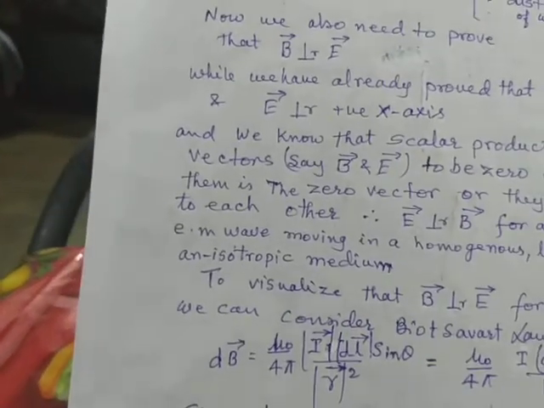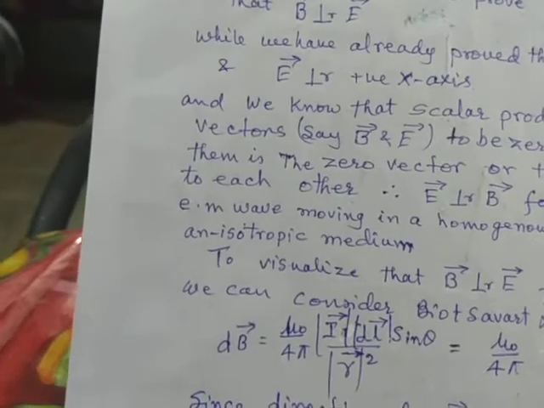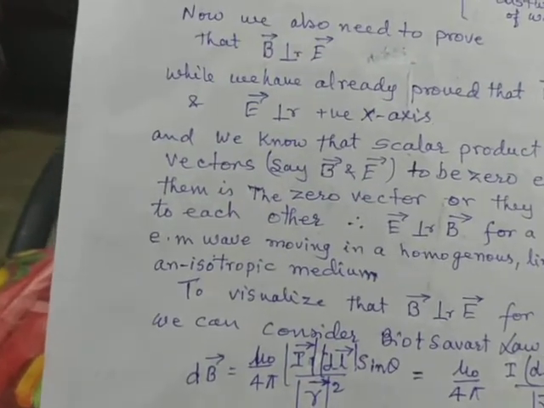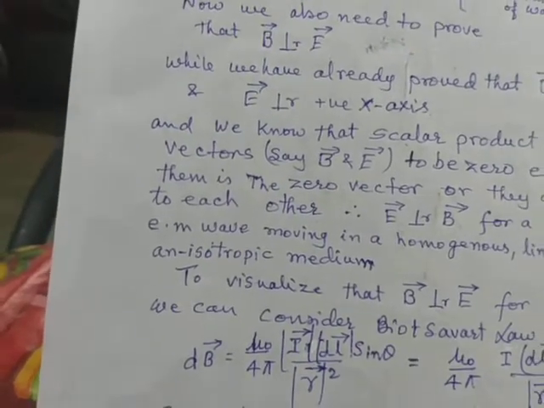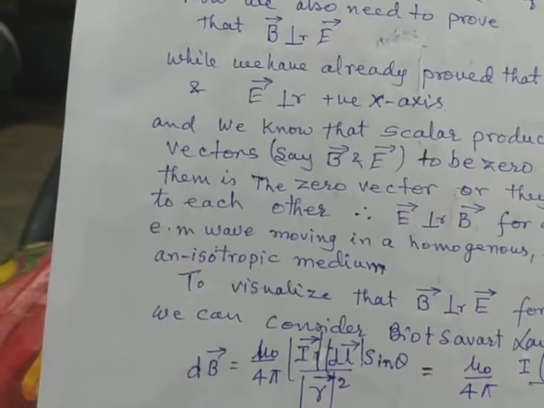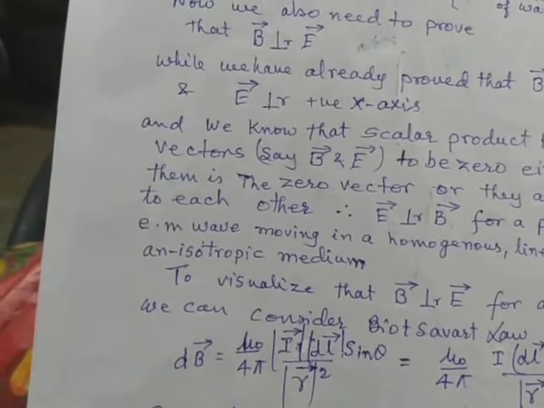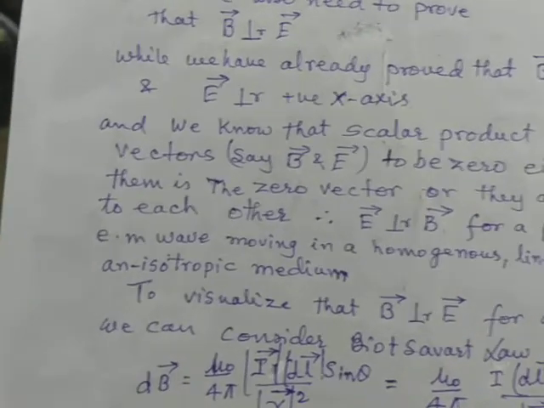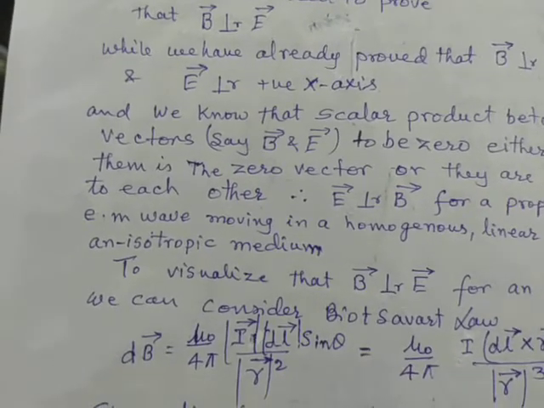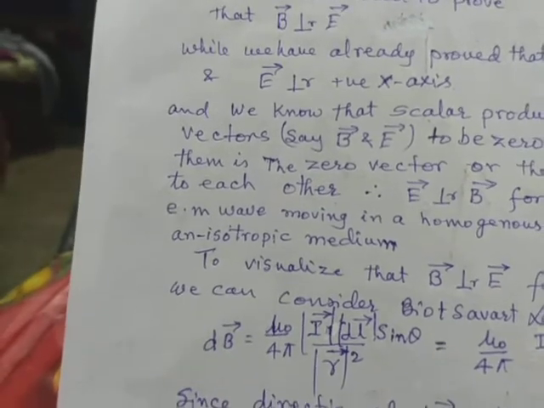Therefore, we know that the scalar product between two vectors B and E will be 0 only if either one of them is 0 or they are perpendicular to each other. And therefore E is perpendicular to B for a propagating electromagnetic wave moving in a homogeneous linear isotropic medium.